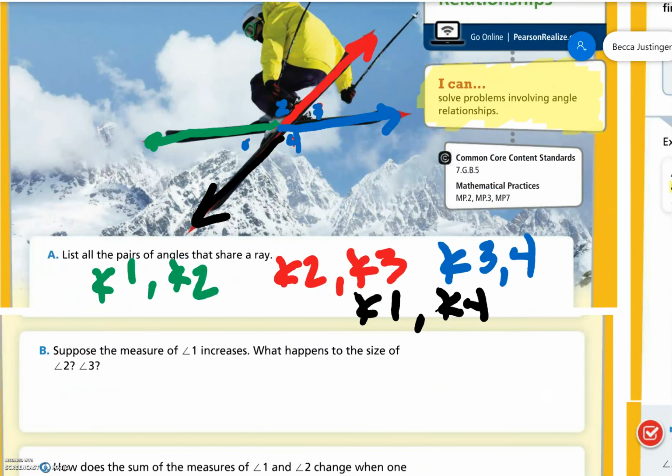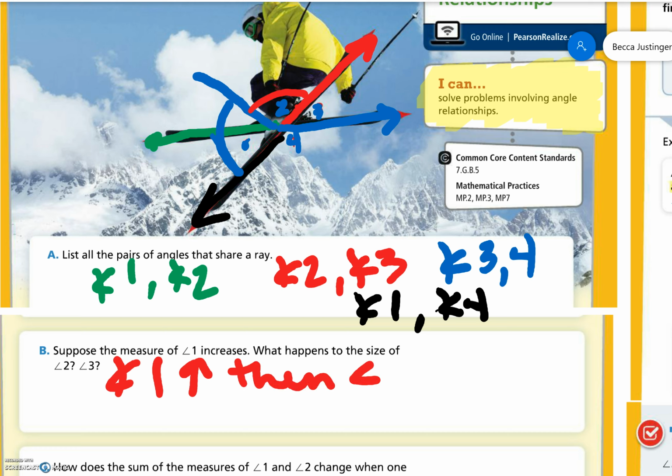Suppose the measure of angle 1 increases. What happens to the size of angle 2 or angle 3? So if the size of angle 1 increases, that means angle 2 would go from the whole thing to smaller. So if angle 1 increases, then angle 2 decreases.